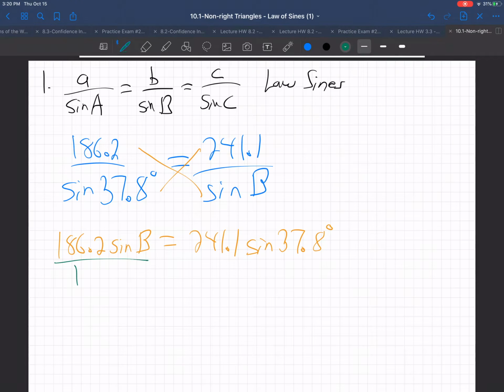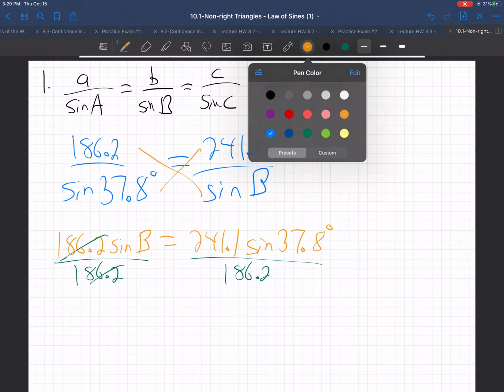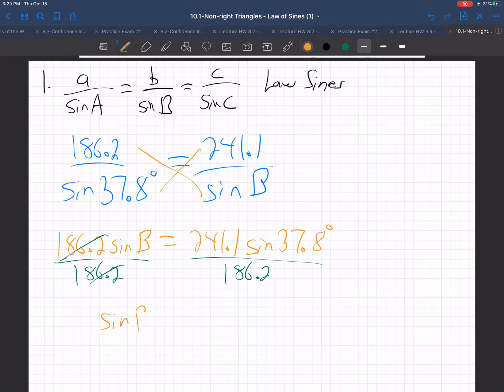So what do we do now to solve? Let's divide by the 186.2 on both sides. And so what do we get? Sine of B equals, I'm going to use my calculator. Make sure you're in degree mode, because everything's in degrees here, right?